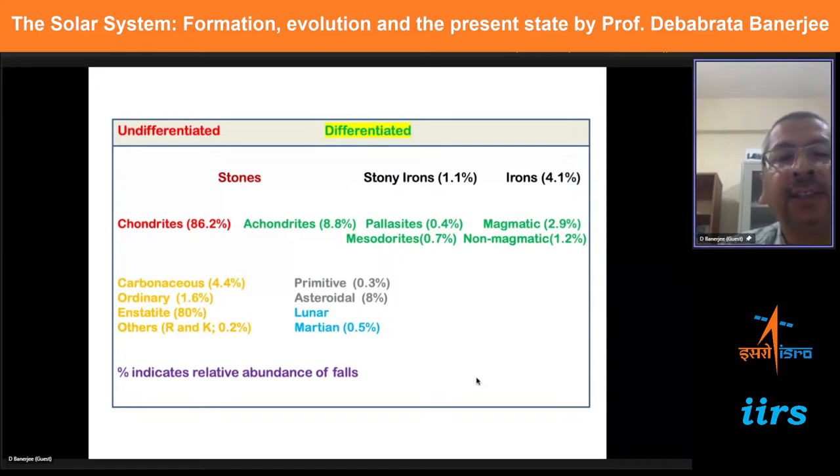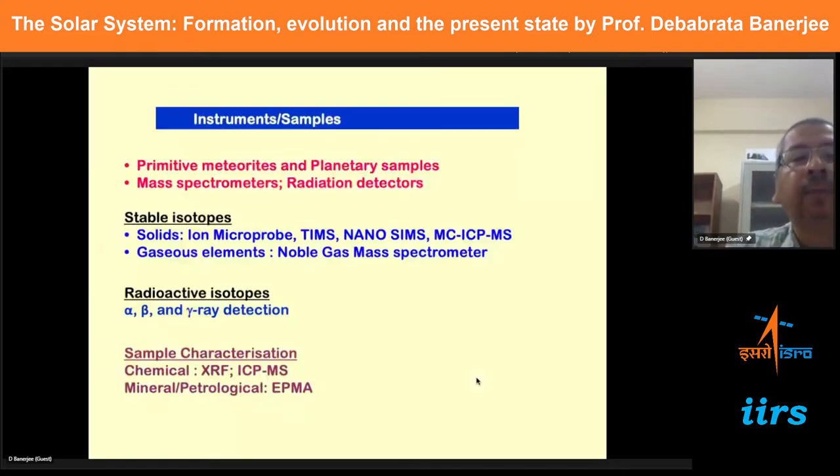Amongst the achondrites, these are differentiated, so melted and recrystallized, and there are primitive achondrites as well. And then you have asteroidal, lunar and Martian origin. Then you have others as well, pallasites and mesosiderites, which are basically stony irons, rich in iron and nickel. And then you have magmatic and non-magmatic irons.